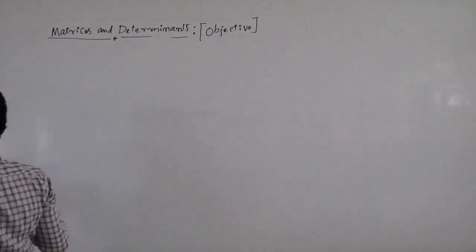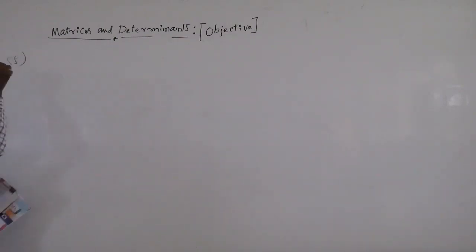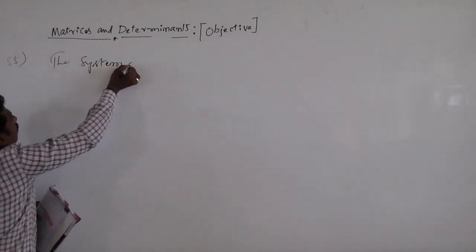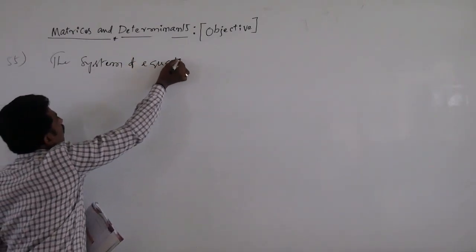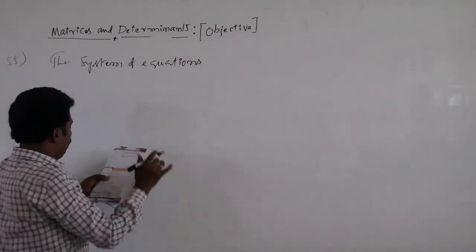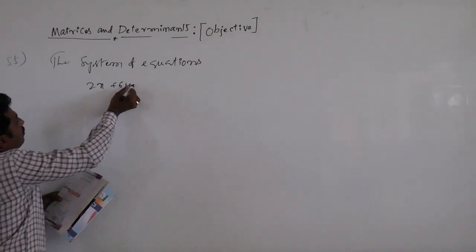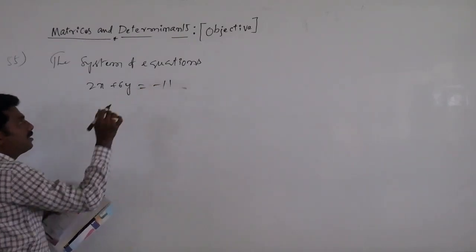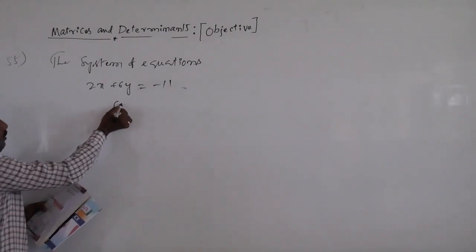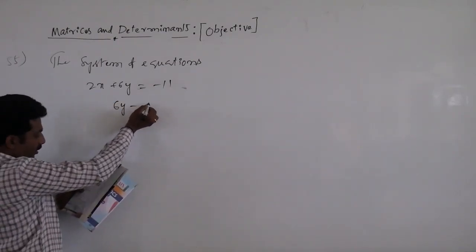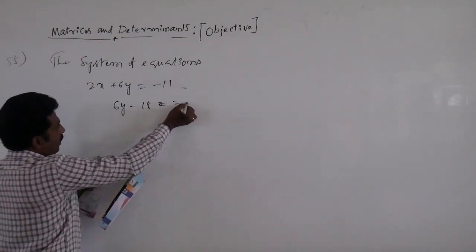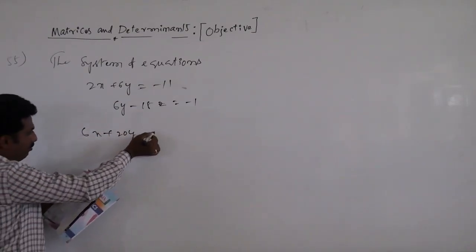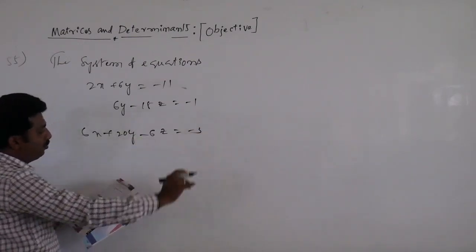The system of equations, see 55. The system of equations: 2x plus 6y plus 11 equal to 0, 11 nothing but minus 11, so minus 11 I am writing; 6y minus 18z plus 1 is there, I am writing minus 1; then 6x plus 20y minus 6z plus 3 is there, equal to minus 3.